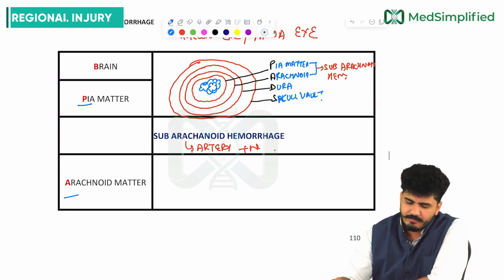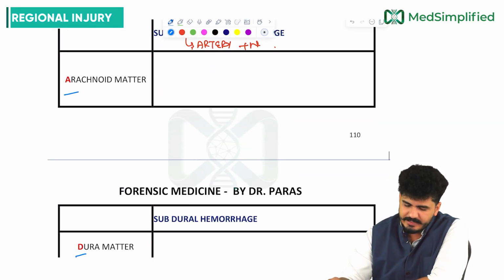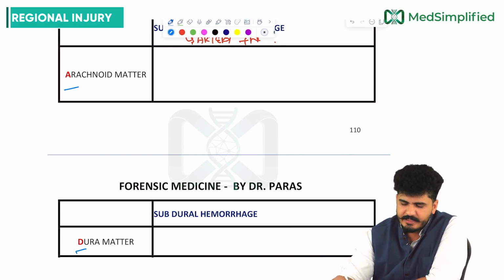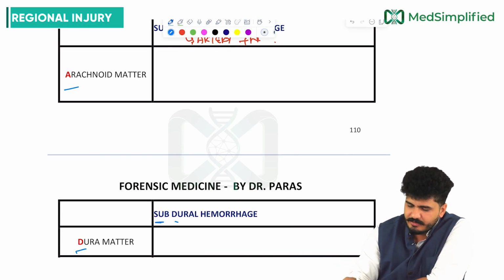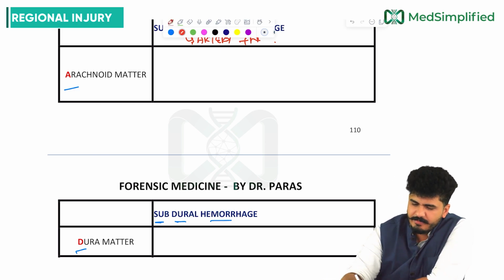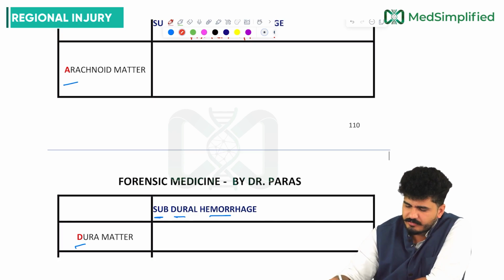Other than that, there is the arachnoid matter and the dura matter. Between the arachnoid matter and the dura matter, the hemorrhage which is happening is subdural hemorrhage. In subdural hemorrhage, there will be injury to the bridging vein.